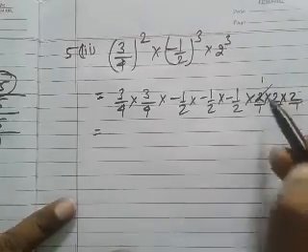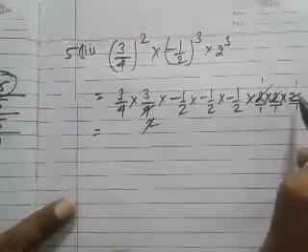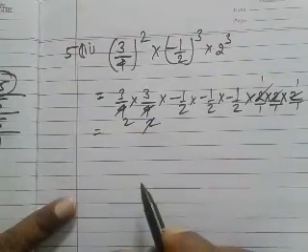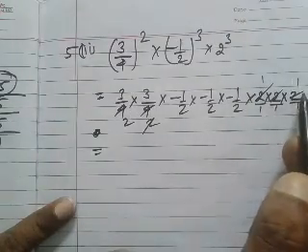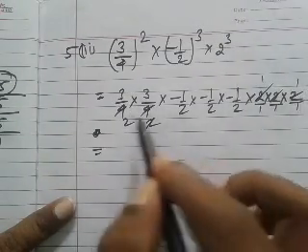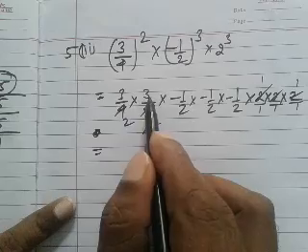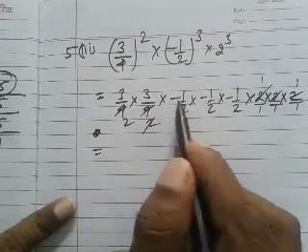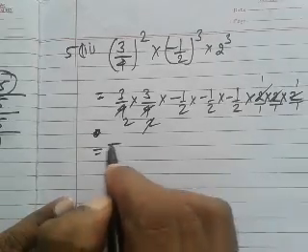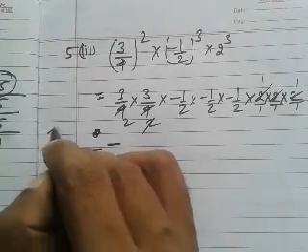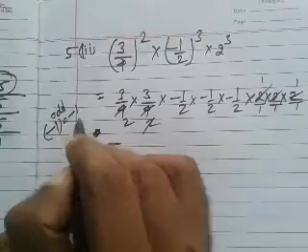So 2 1s are 2, 2 2s are 4, and 2 to cancel, 2 1s are 2, 2 2s are 4. Now we can multiply numerator numbers with each other and denominator numbers with each other. 3 multiply 3, 3 3s are 9, and minus value is here 3 times, so we get a negative number, because if I have an odd number power of minus 1, then we will get minus 1 value.